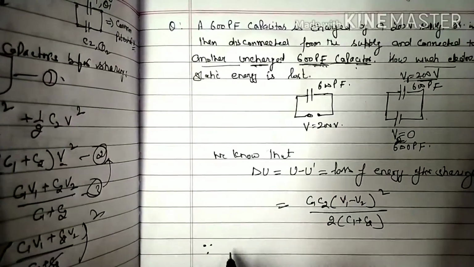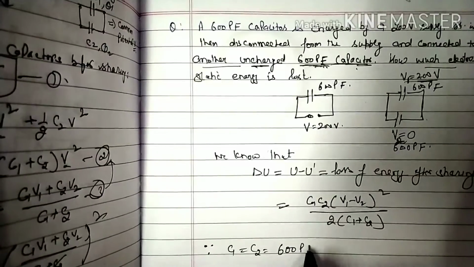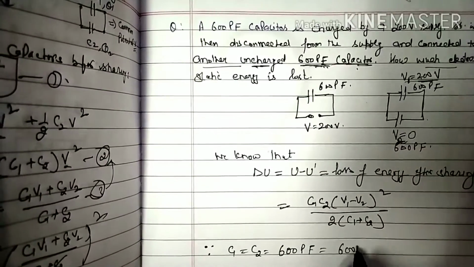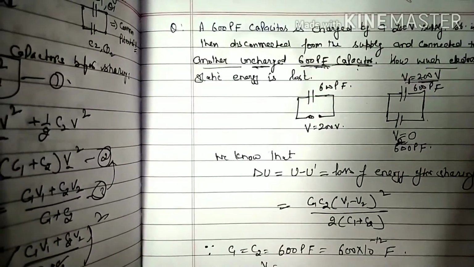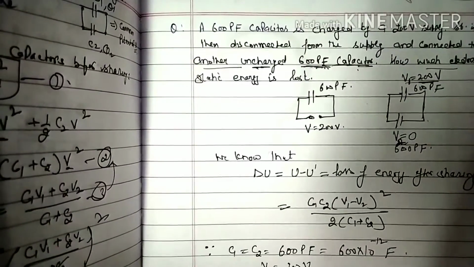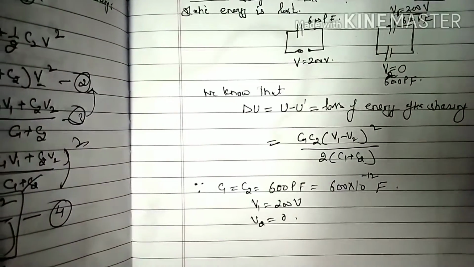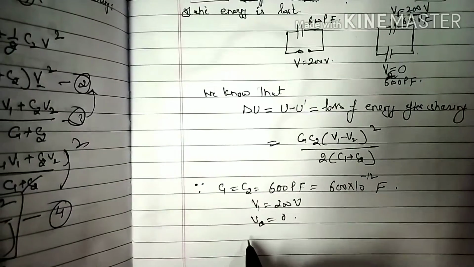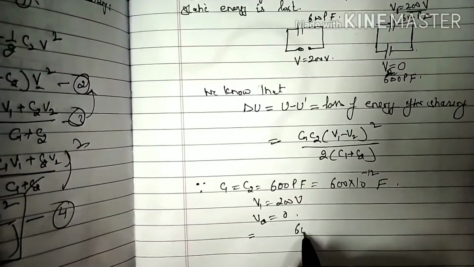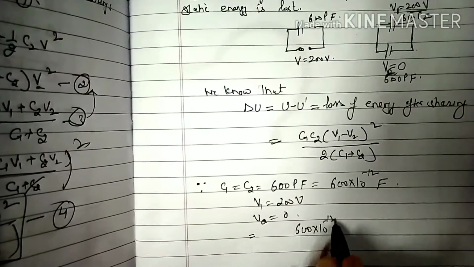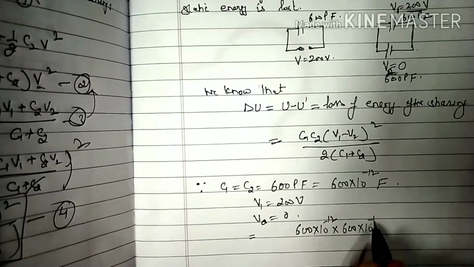Now because C1 is equal to C2, that is equal to 600 picofarad, and picofarad is equal to 10 raised to power minus 12 farad. V1 is equal to 200 volt and V2 is equal to 0. Only these values we require and we will use in this formula. Simply put the value C1 equal to 600 into 10 raised to power minus 12, C2 also 600 into 10 raised to power minus 12.